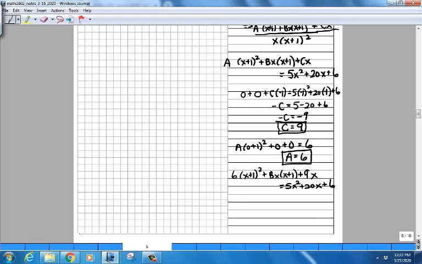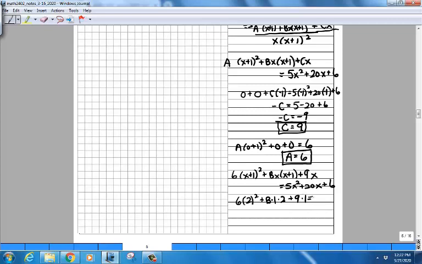If I plug 1 in for x, I would have 6 times 2 squared plus b times 1 times 2, plugging 1 in for x, remember? And then plus 9 times 1, because I'm again plugging 1 in for x.